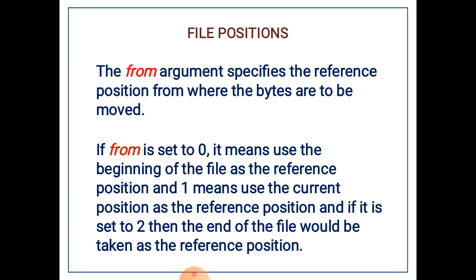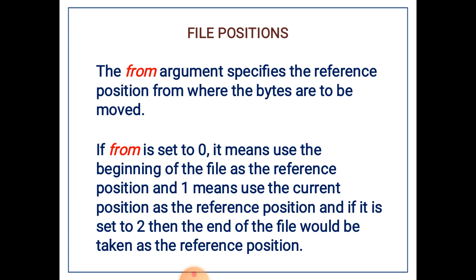If it is 1, it means to use the current position as the reference position. And if it is set to 2, then the end of the file would be taken as the reference position. So we see here that there are three positions in from: 0, the starting of the file; 1, the current file position; and 2, the end of the file position.